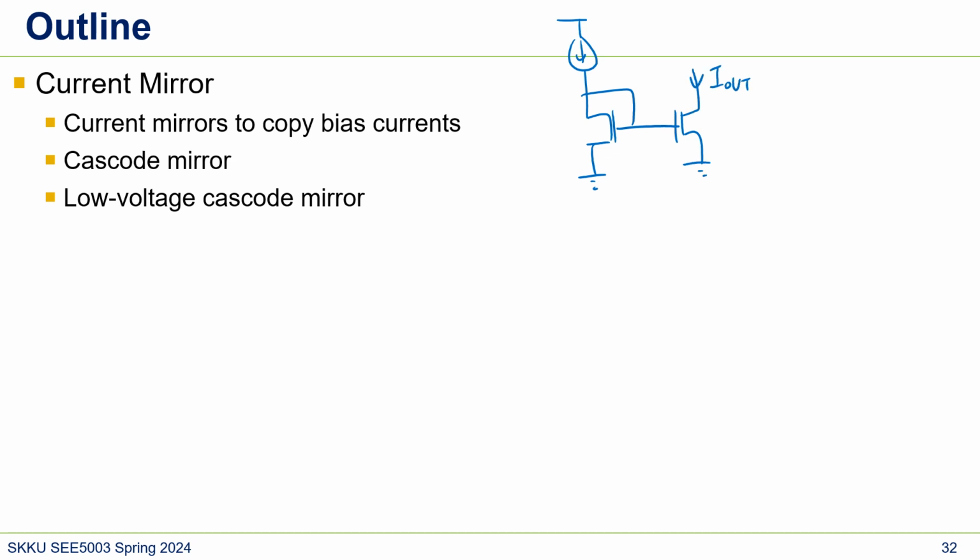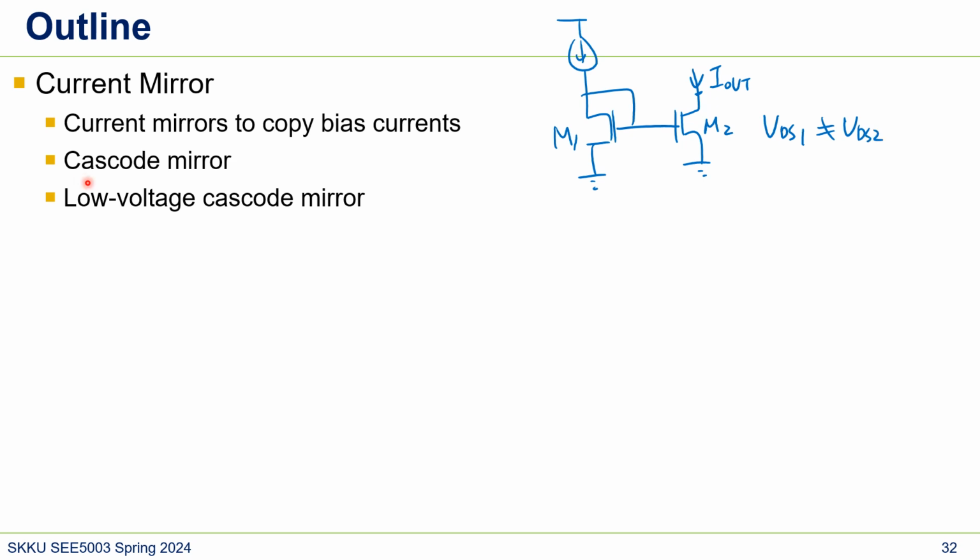The limitation of this is that, let's say this is M1 and this is M2, VDS1 is not equal to VDS2, and that was a problem.